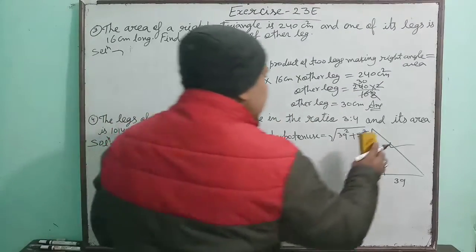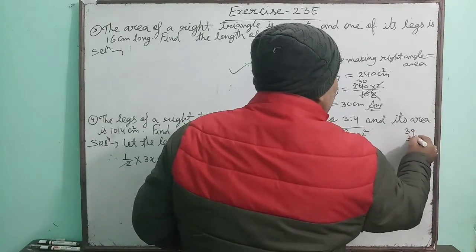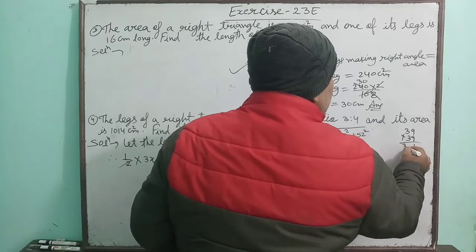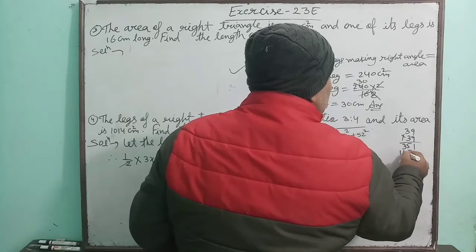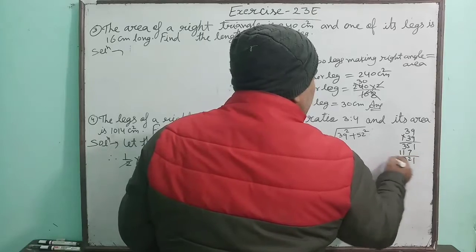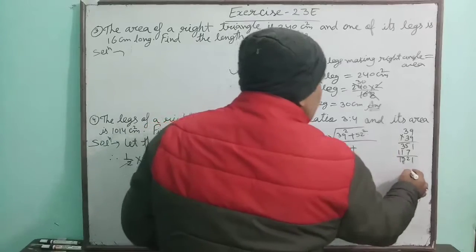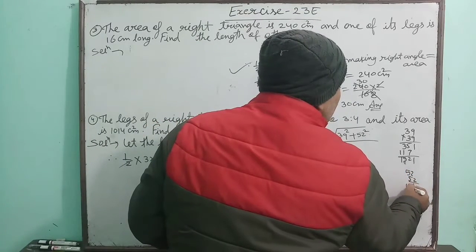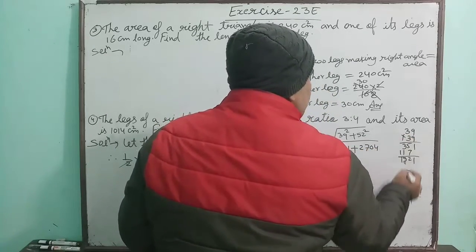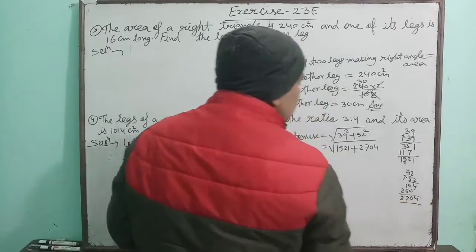What will be the 39 square? See children. 39 into 39. This is 1521 and 52 square is 2704. Okay.